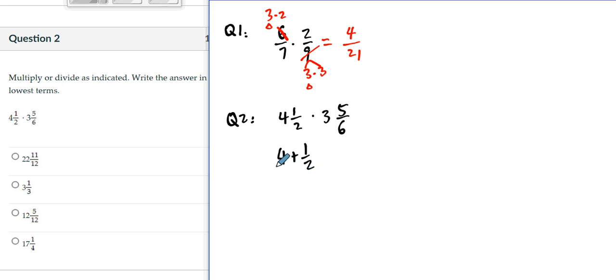Means that. And then times 3 and 5 over 6, which means 3 plus 5 over 6.